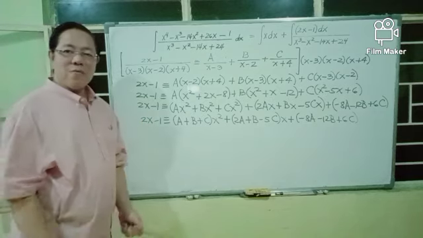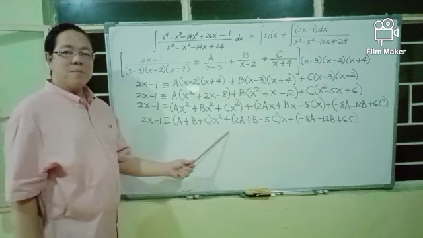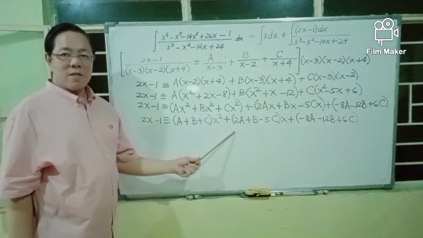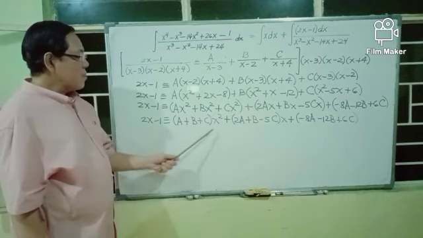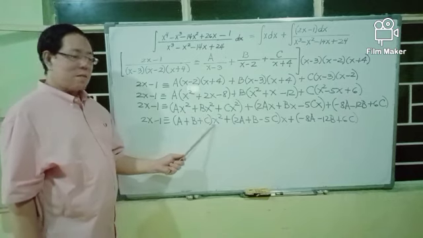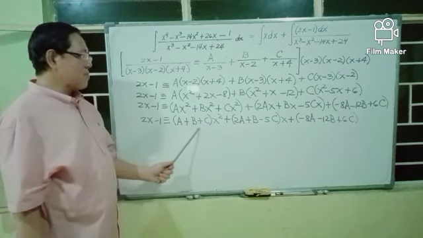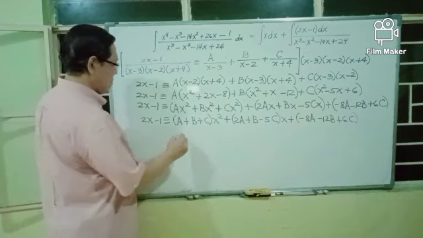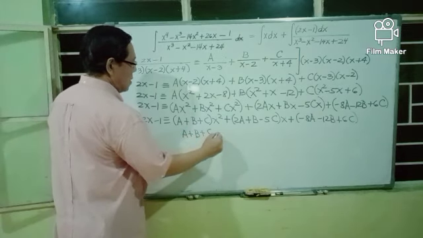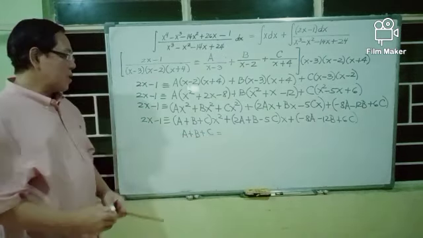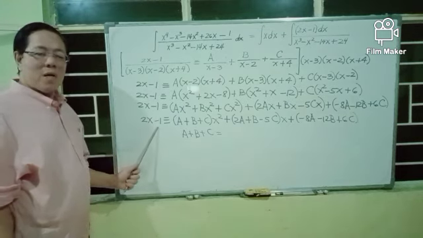Now we equate the coefficients of the variable at the right hand side with the coefficients of the variable at the left hand side. The coefficient of x squared at the right hand side is a plus b plus c, and we equate that with the coefficient of x squared at the left hand side.